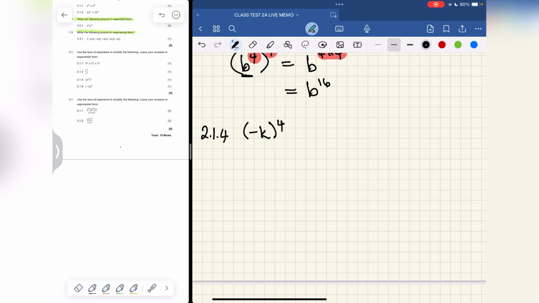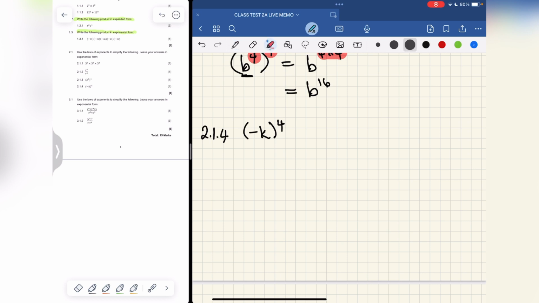2.1.4, we've got negative k here in the bracket raised to the power 4. Now this is an example of one of the rules that we learned in laws of exponents, where we have a negative base. As you can see, this base of k is negative, and it is being raised to an even exponent.